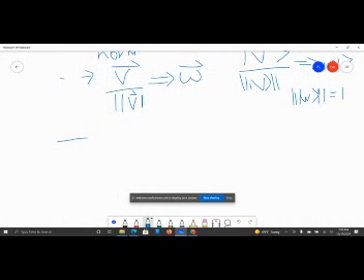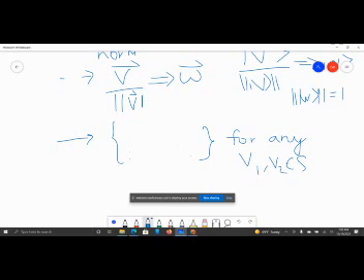And we will also use this idea of a set of orthonormal vectors. A set of orthonormal vectors is basically a set of vectors in which every vector is mutually orthogonal with every other vector. That is, for any v1, v2 in this set, the inner product of v1 with v2 is going to be 0.